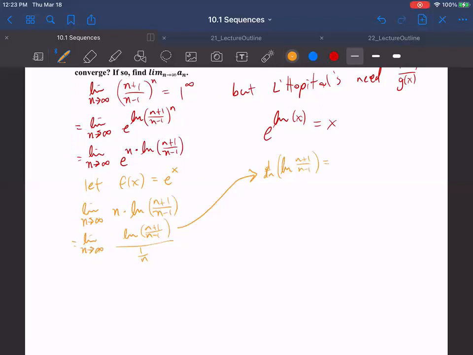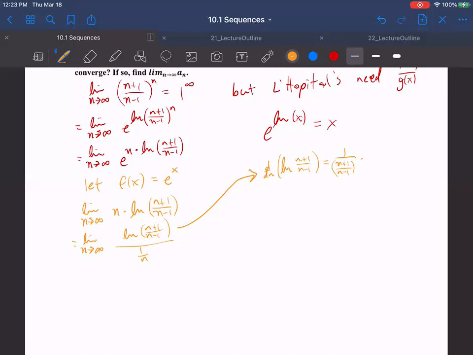We've got to do the chain rule, right? So we do the derivative of the outer, so that's 1 over n plus 1 over n minus 1, times the derivative of what's on the inside. And the derivative of what's on the inside is a quotient rule, right?